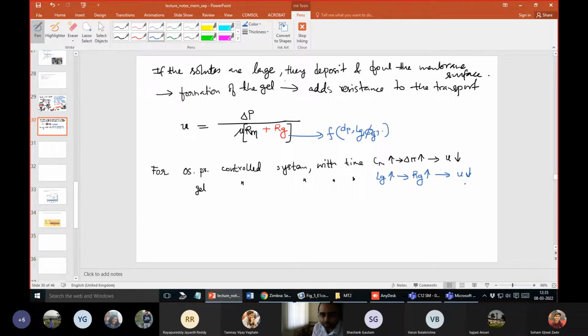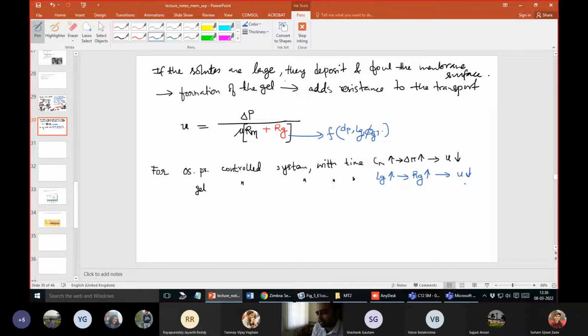All right. So this problem of flux decline is one of the biggest bottlenecks from an engineering perspective. But without this, you cannot even achieve the separation. So there are significant efforts being made to reduce its impact.